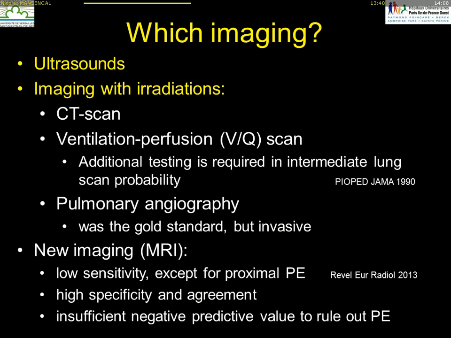Pulmonary angiography was the gold standard, but it is invasive and is not performed anymore. We also have new imaging, such as MRI. However, this technique has low sensitivity except for proximal PE, and in routine practice, we cannot propose MRI to rule out pulmonary embolism.